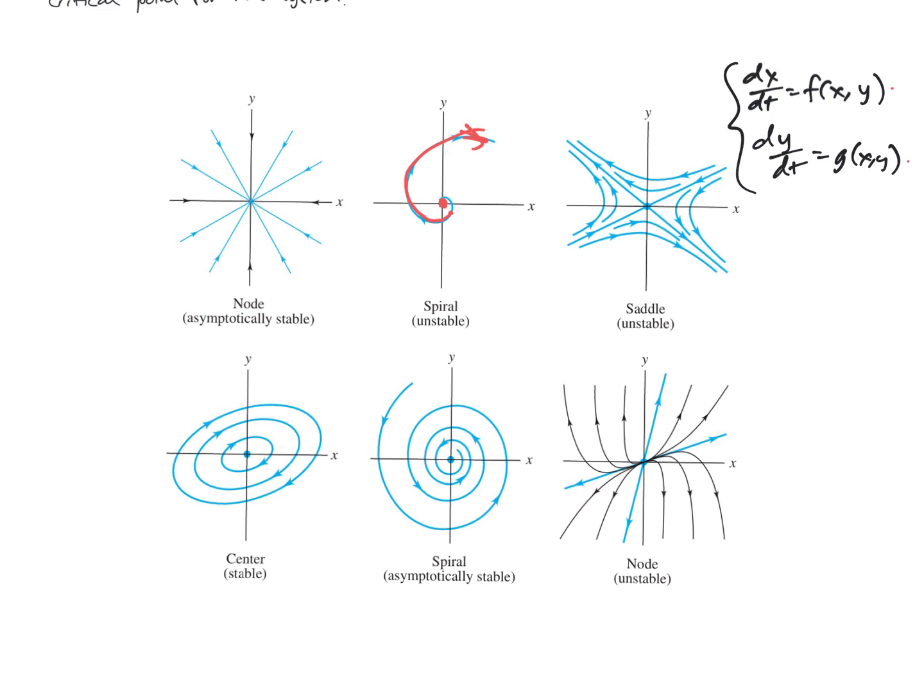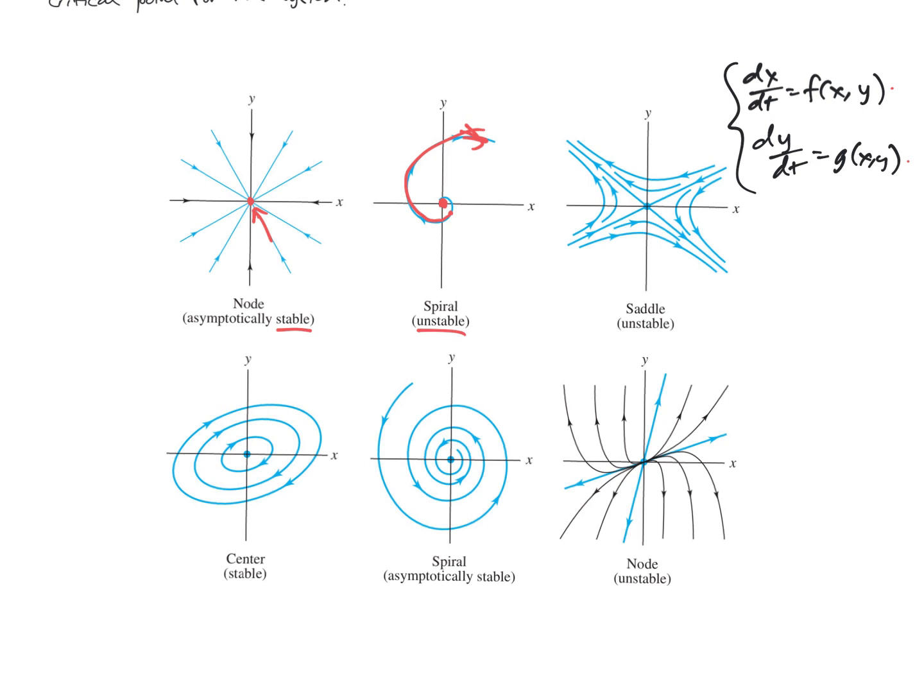On the other hand, if you are on this node here, if you start a little bit off, then here you go, you get sucked right back in. And so that's why this one is stable, but the spiral is unstable.